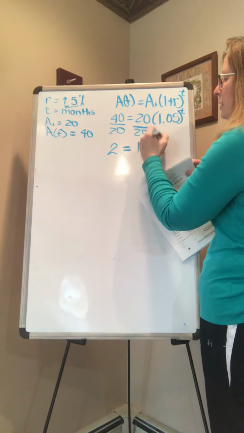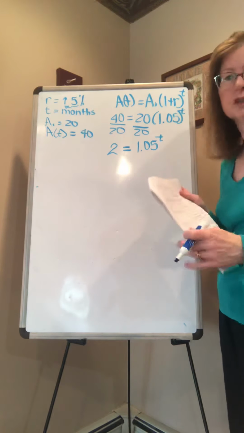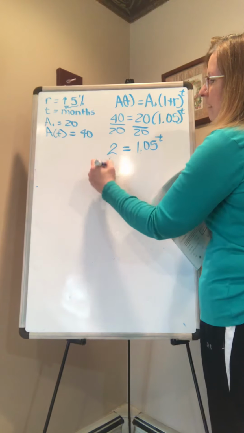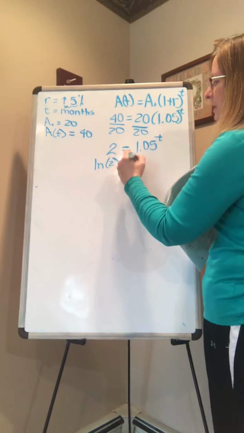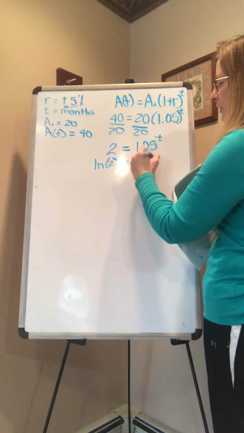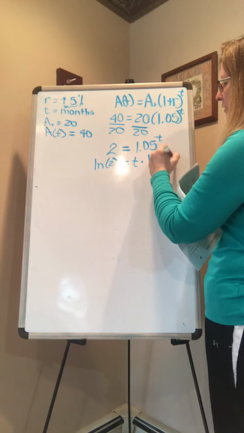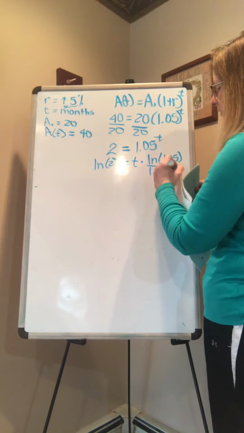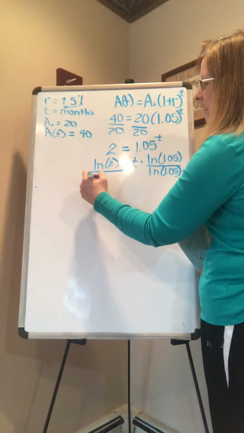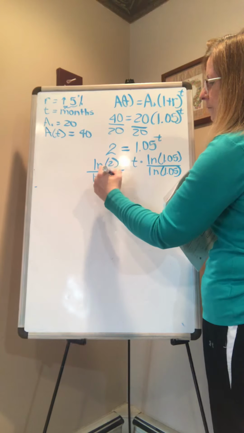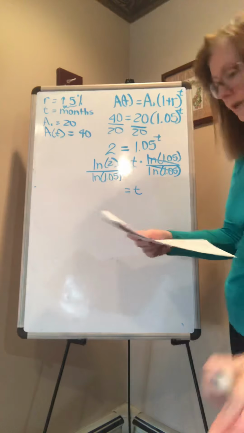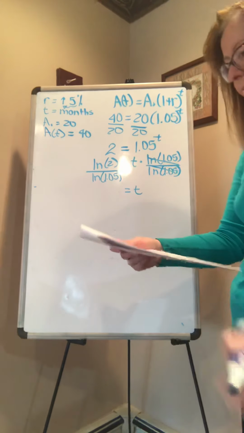And we talked about how the parameter of the problem shows up, which is helpful. And now I'll use my natural log of 2, and I'll have t times the natural log of 1.05. Divide now by the natural log of 1.05. And let's see how many months I get when I type this in on my calculator.